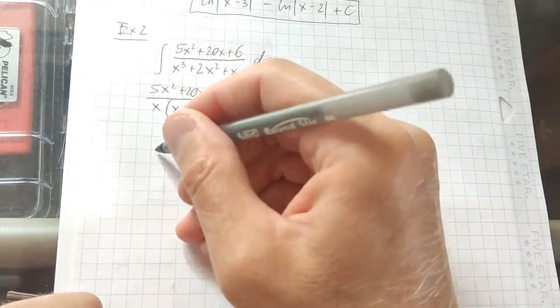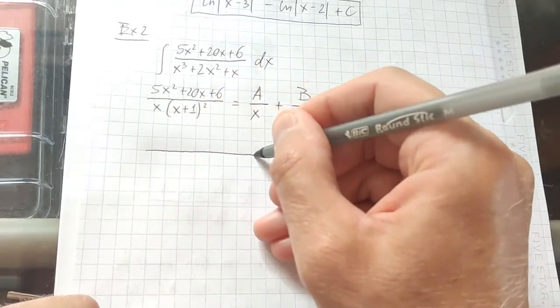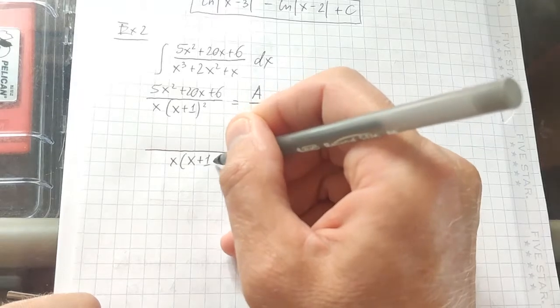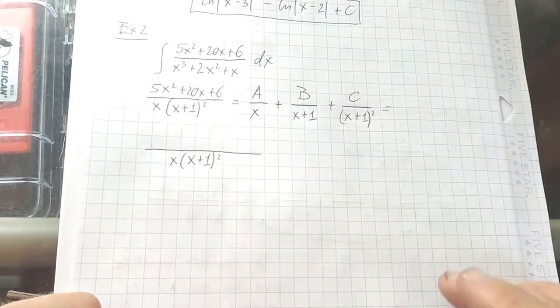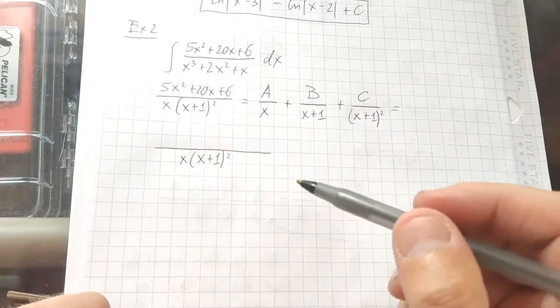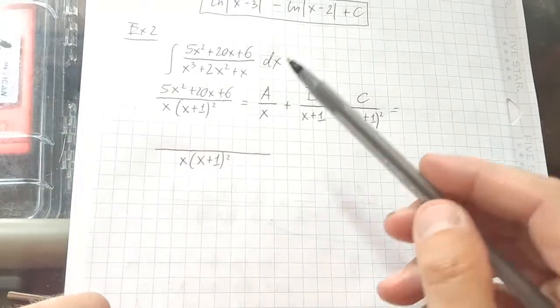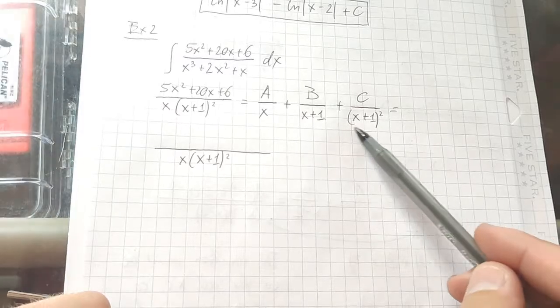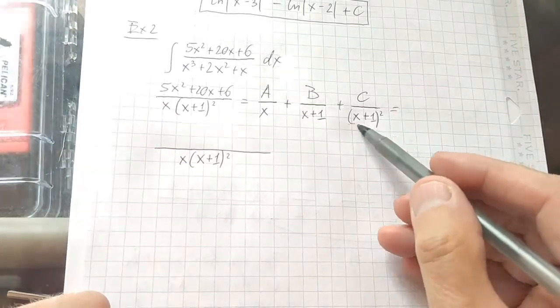So now we're going to find a common denominator, which is x times x plus 1 squared, and that x is missing this whole thing.